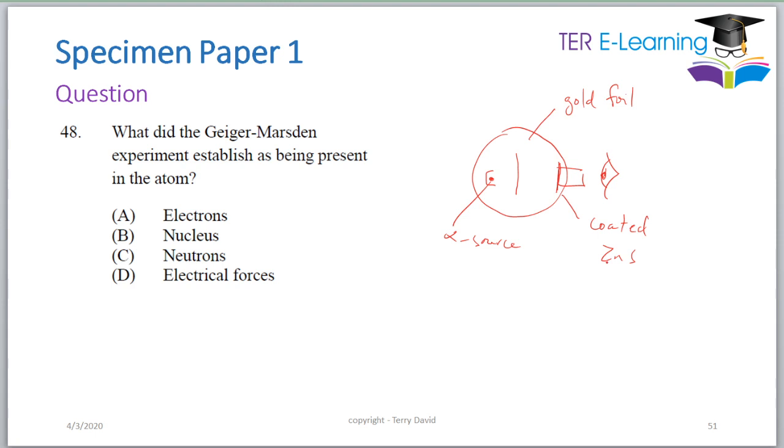Because we have deflection, it means that the nucleus has to be the same charge as an alpha particle, therefore it's positively charged. And the fact that some particles went back to the source means that the nucleus has to be extremely, extremely small. So what this is doing here is basically confirming the nucleus of the atom. So the answer is B for this one.